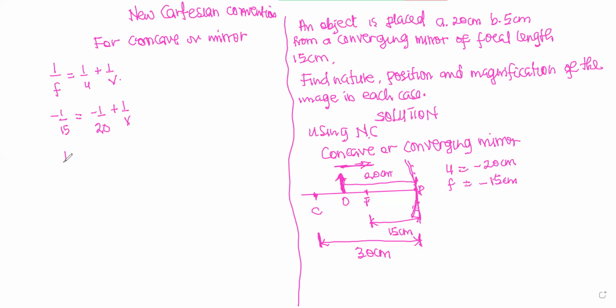Therefore, 1 over v is equal to minus 1 over 15, then negative this will cross, so plus 1 on 20. This is the same as 1 on 20 first minus 1 on 15. What will be the LCM here?